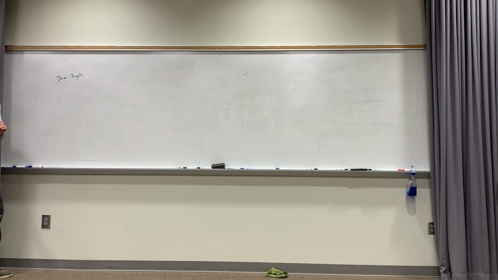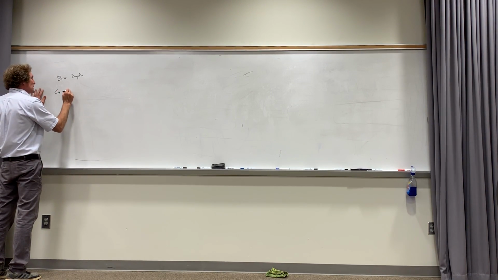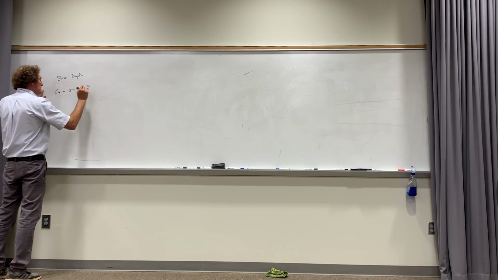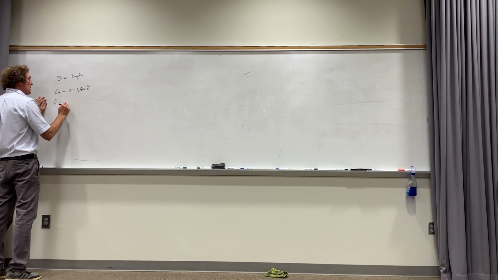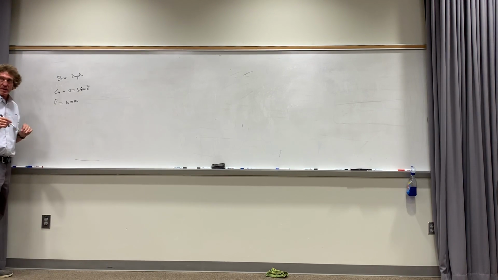All right, now suppose I have copper, which has sigma equal to 5.8 times 10 to the 7th, in 1 over ohm meters. And I'm at a frequency of 10 megahertz, right?